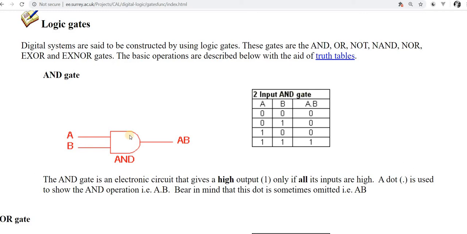Okay, so the diagram of AND gate is like this. If you are asked to draw the diagram of an AND gate, then you will do this. Here A and B are the input, and the output will be A dot B, because AND gate is denoted by the symbol dot.